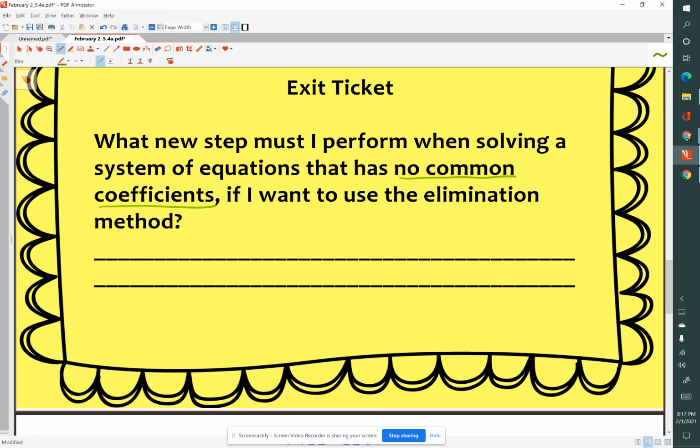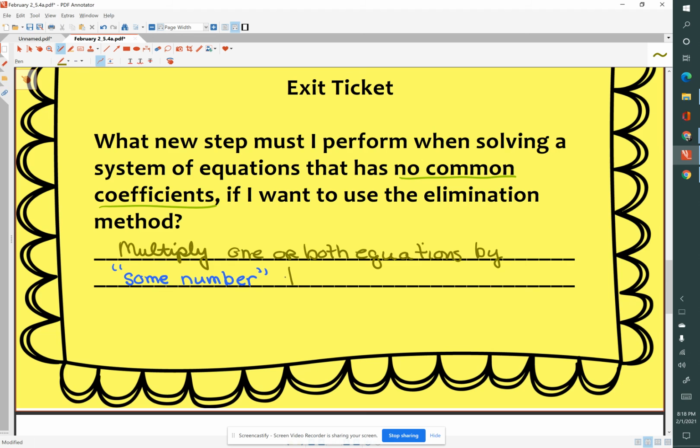So what you need to do is multiply one or both equations by some number. And you have to figure out what that will be, what will make sense given the problem.